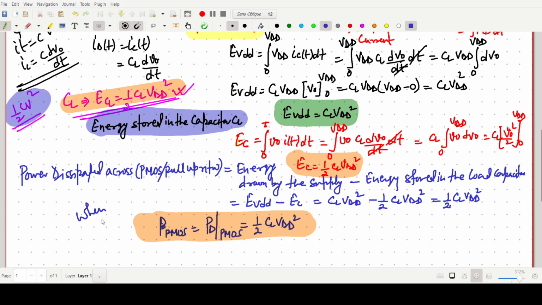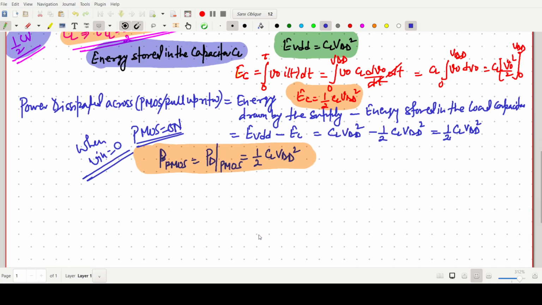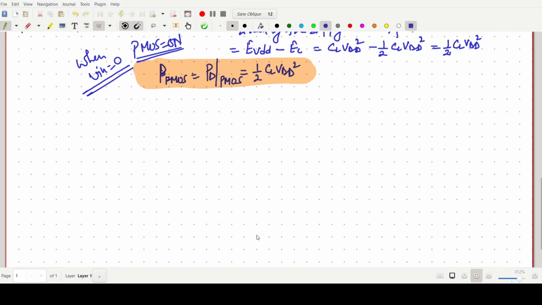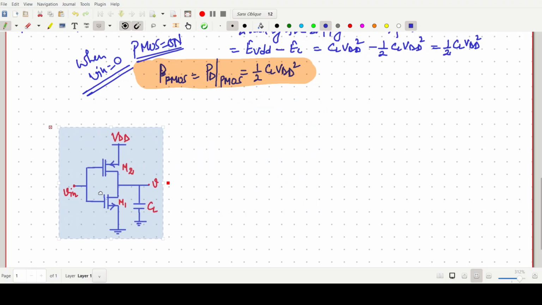When Vin is 0, the PMOS becomes on. Now when the PMOS is on, the amount of heat dissipated across that transistor will be half CL VDD square. Now when the input is high, again I am taking the CMOS inverter.